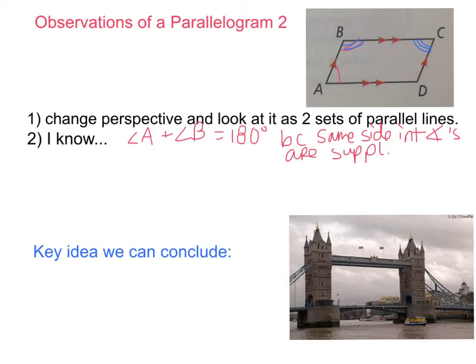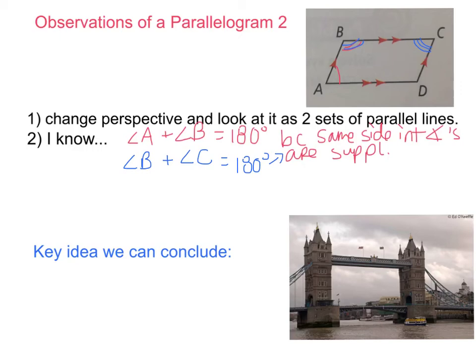Now this time we're looking at this line parallel to this line and this line being the transversal. If that's the case, these two angles are also on the same side. Doesn't it make them supplementary also? Okay, then that must mean that angle B plus angle C equals 180 degrees. Because, well, I'm not going to write it again, I'll just point to it. Because same side interior angles are supplementary.